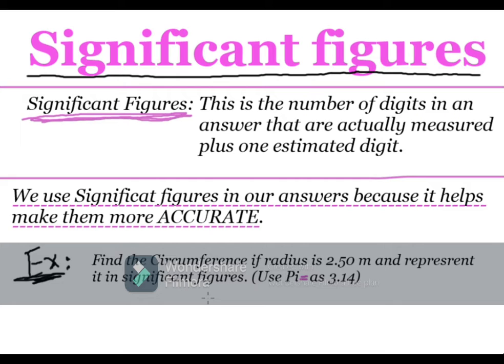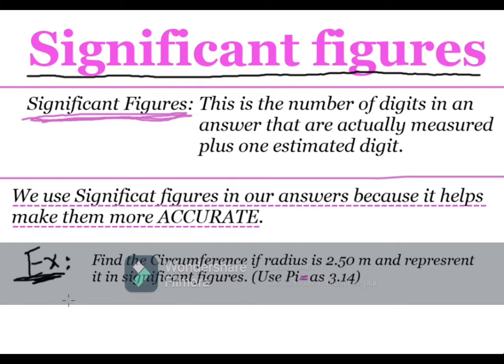Okay, let's see an example. Find the circumference if the radius is 2.50 meters and represent it in significant figures. Use pi as 3.14. You might be thinking, why is it 2.50? Why isn't it just 2.5? Well, if the question says 5.0, or adds a 0 after a number which is not needed, it means it needs a specific number of significant figures.